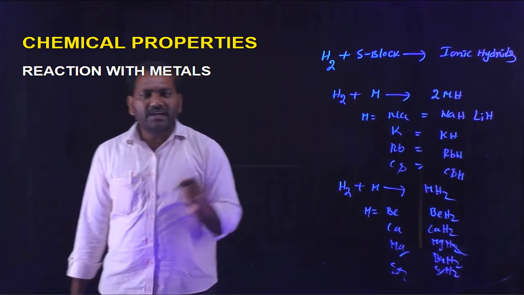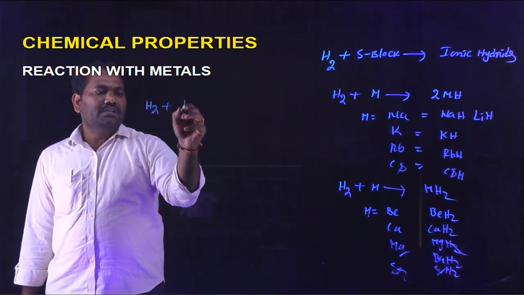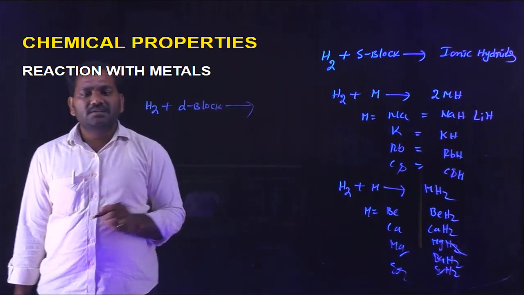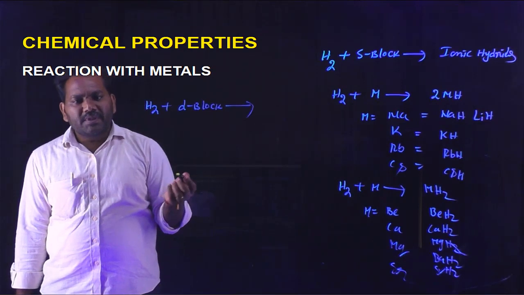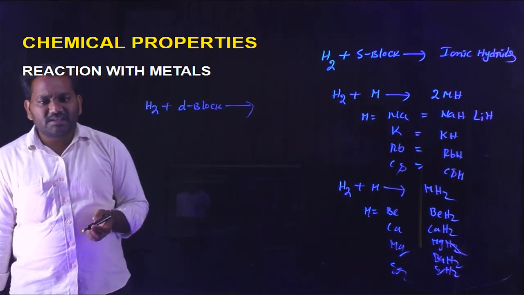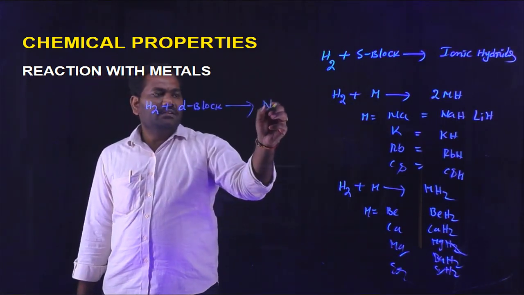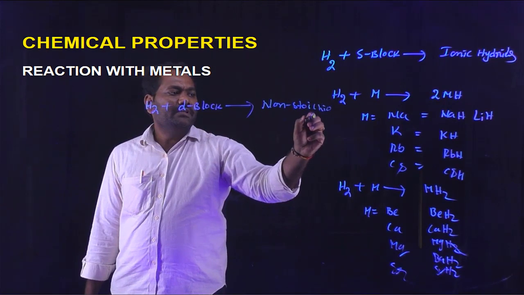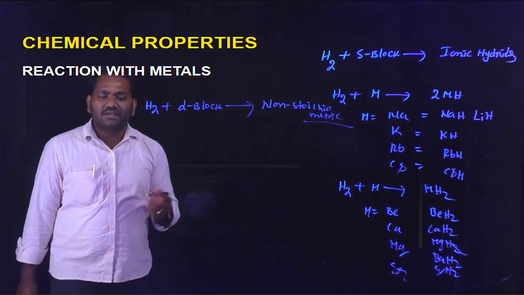When dihydrogen reacts with D block elements, it gives metallic hydrides. They are also called metallic hydrides and non-stoichiometric hydrides.